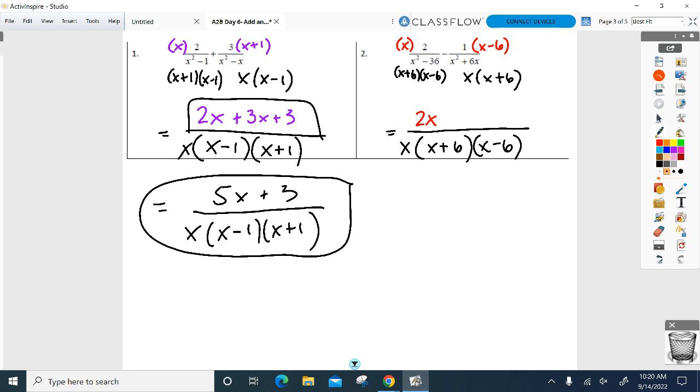All right, and let's stop right there because this is where you might get trapped. What am I doing to these two fractions? Subtracting. So when I go and distribute right now, I am not going to distribute a 1. Why not? Because it's attached to what? Negative 1. So when we distribute, we're going to distribute a negative 1, not a positive 1.